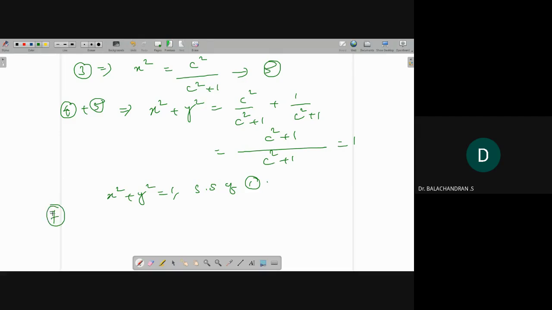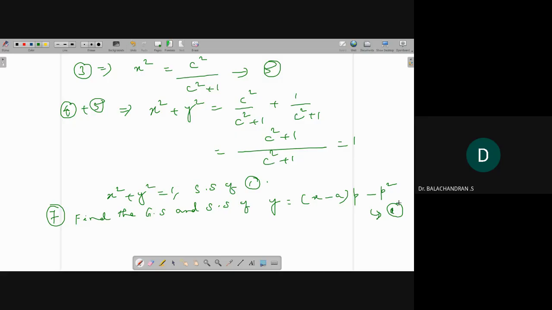Next problem: find the general and singular solution of y is equal to x minus a into p minus p square. I'll take this as equation number 1.